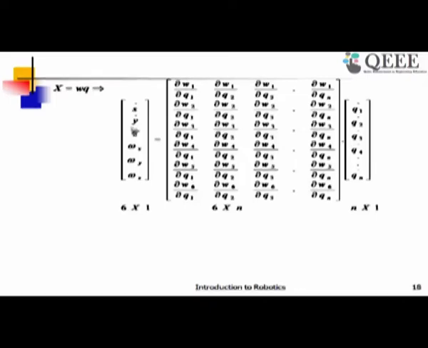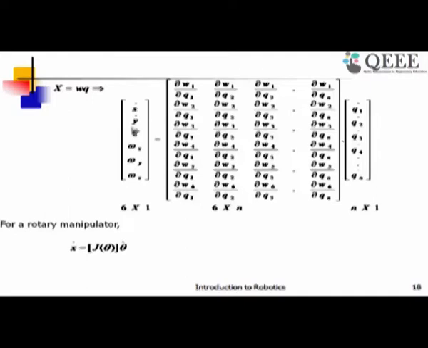So that is basically the Jacobian: x dot is equal to J q dot. This is the way you get the differential relationship. If you know the joint angle velocity, you can find out the Cartesian velocity using the Jacobian matrix.